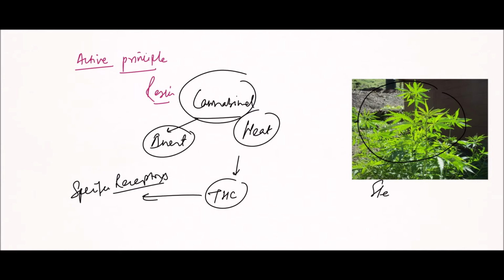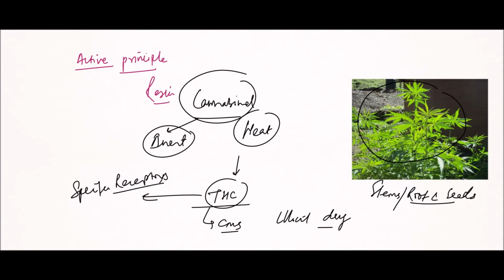So the active material is not present in stem, root and seeds, and this THC basically stimulates the central nervous system. This is the most widely used illicit drug in the world, cannabis.